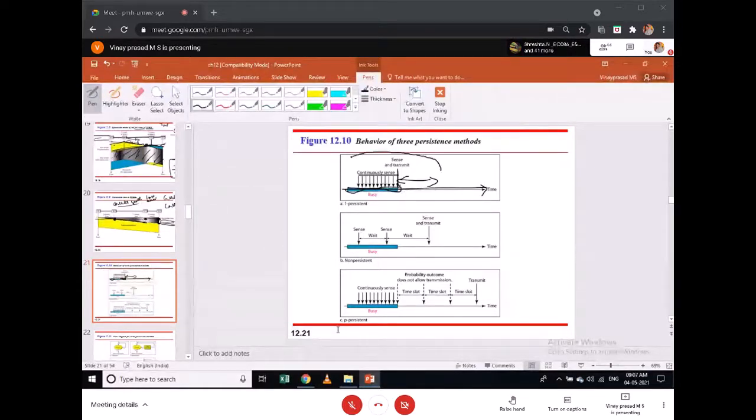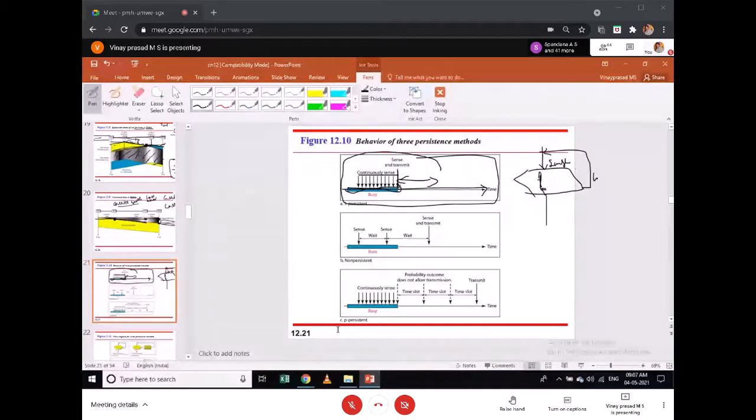You could use it, it depends on you. In the flow chart for one persistence, you check the channel. If it is busy, it goes back and senses again. If the channel is busy, you continuously sense.